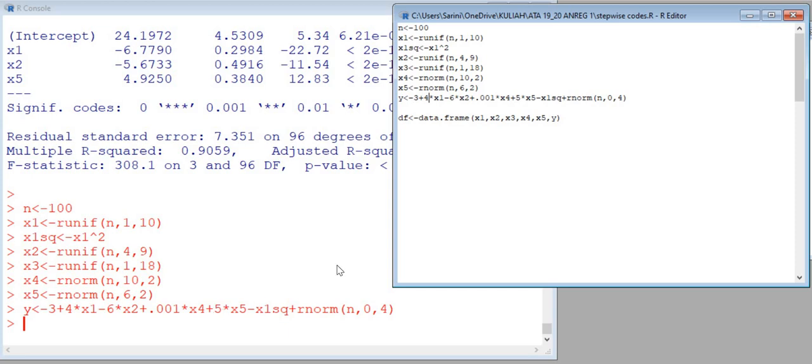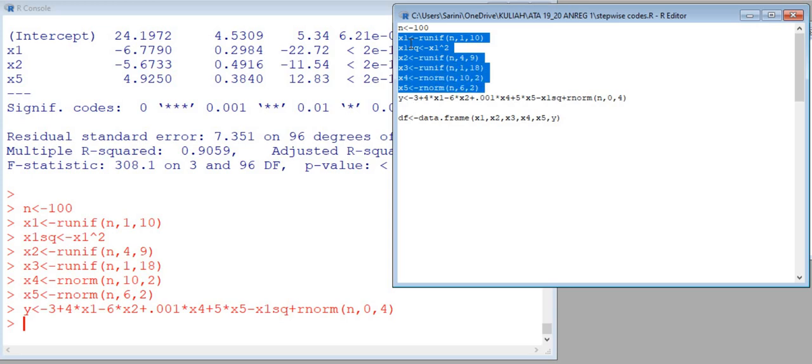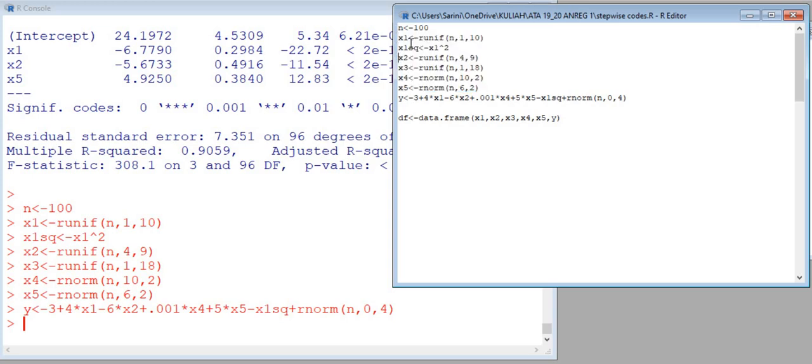But in this case, I can, because I generated the data on a quite similar scale. You see the ranges are 1 to 10, 4 to 9, 1 to 18. There's no data in hundreds or thousands or decimals, nothing like that. And even though this is from the normal distribution, the range is not really different from the other X.